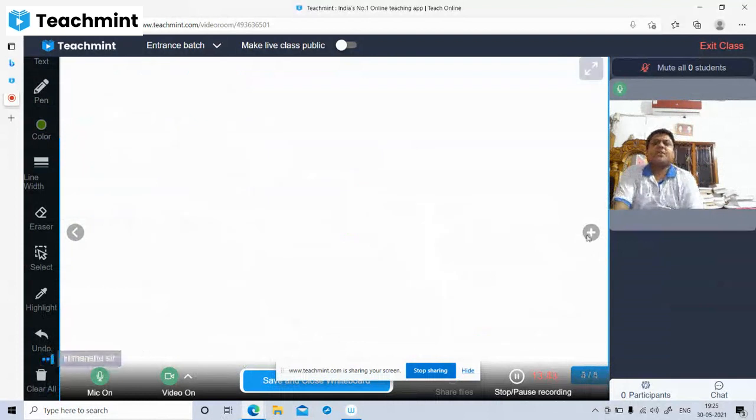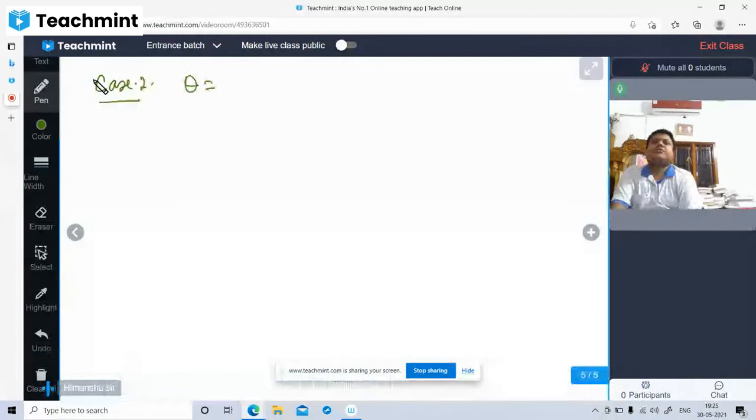Okay. Now let's move to case number 2. Case 2 is when theta is equal to 90 degrees. That means the original position, where P is perpendicular to E. Then there should be no work.